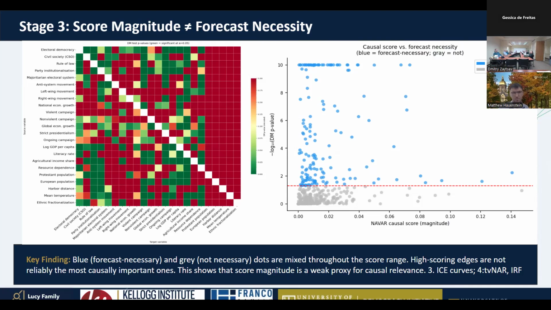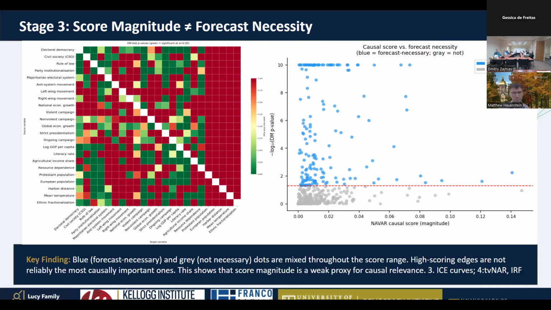The scatter plot on the right compares the magnitudes of the causal effects, which are basic Granger causal effects, to the forecast necessity. And so the loss function is on the vertical axis here, and the causal scores are on the x-axis.